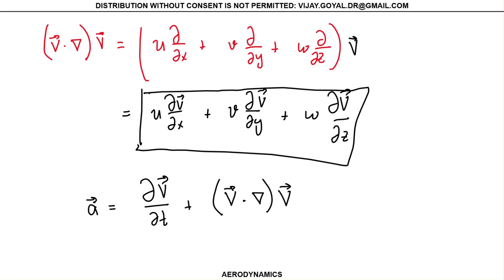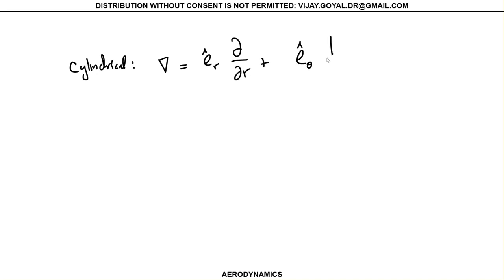I could express that in spherical coordinates. For instance, your del operator in cylindrical coordinates looks like this: ER partial of R plus E theta, don't forget this 1 over R that's often skipped out and forgotten, partial of theta, plus EZ partial of Z. Okay?